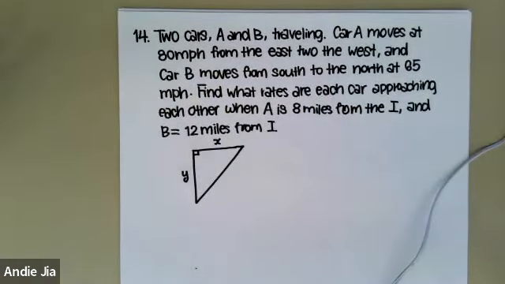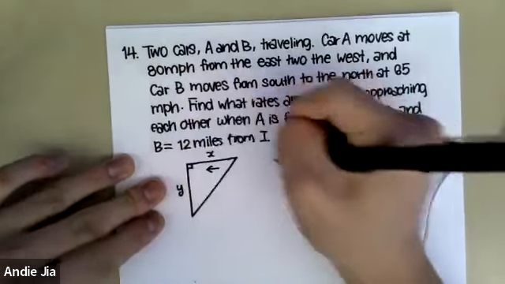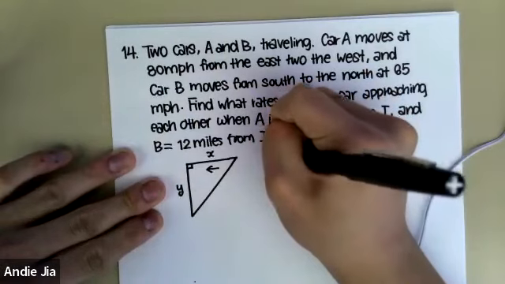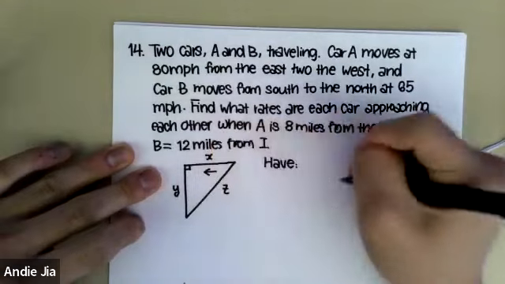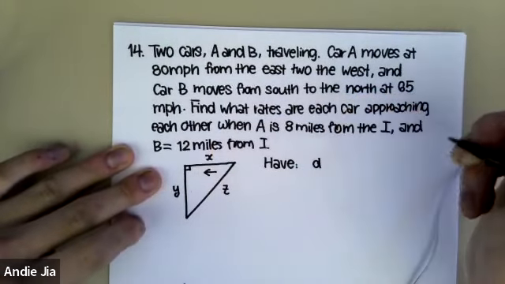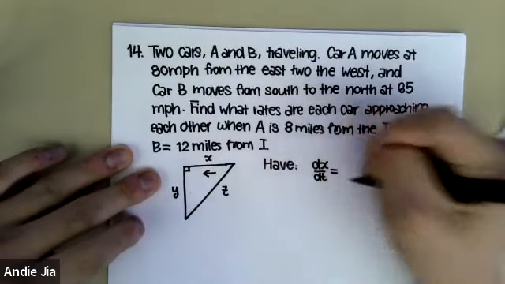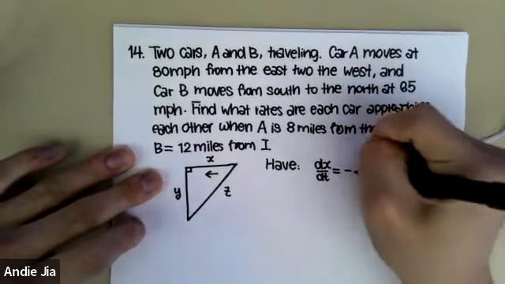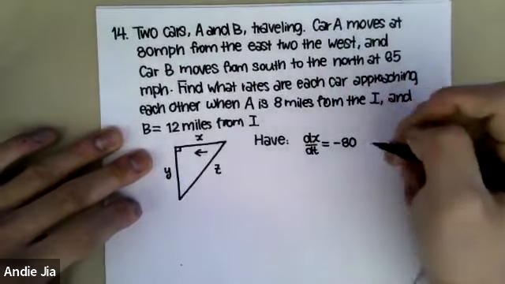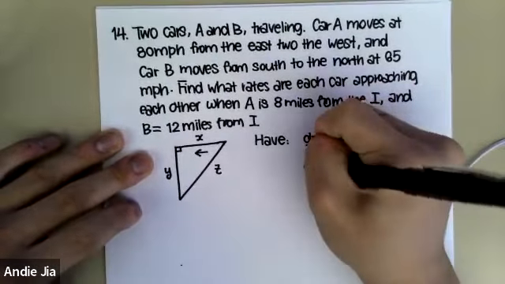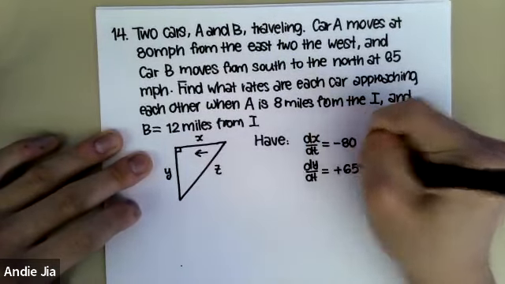In this case, it's moving east to the west, so dx/dt is going to be negative 80, and dy/dt is positive 65.